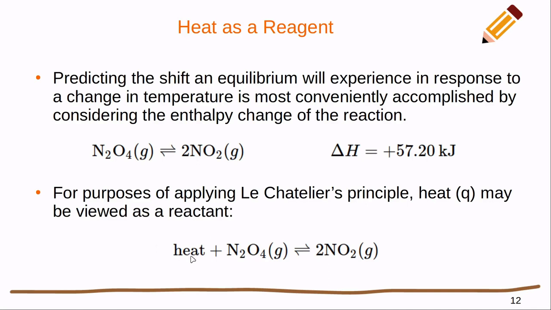I'm going to drive this reaction towards the products, which means that my Kc value would be higher. If I decrease the temperature, I'm going to decrease the availability of heat. That's going to drive this reaction towards the left, meaning my Kc value is lower than it would have been.